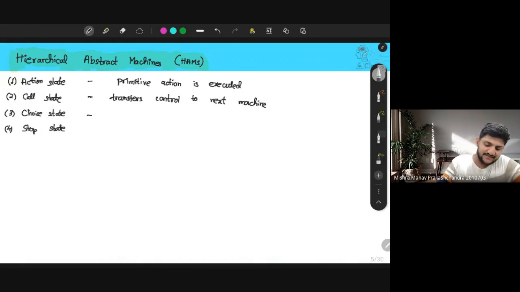Whenever we encounter a choice state, it makes a non-deterministic transition in the machine. In the same machine, it makes a non-deterministic transition.